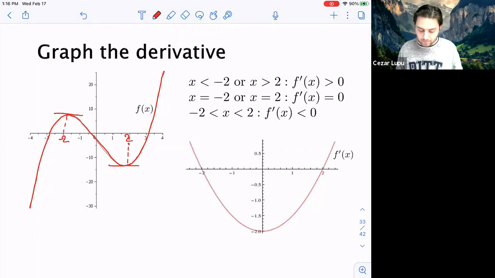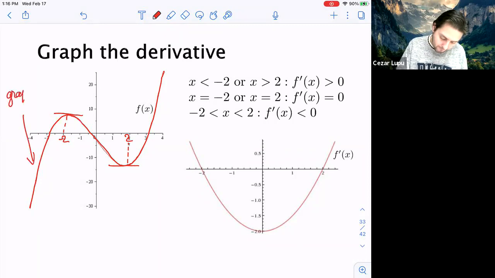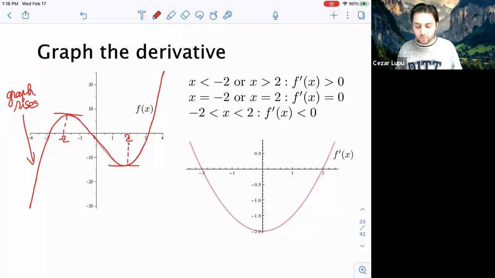So for values less than -2, you see the graph rises. So here the graph rises, so the derivative, or the slope of the tangent line, will be positive. But also here, the graph rises as well.